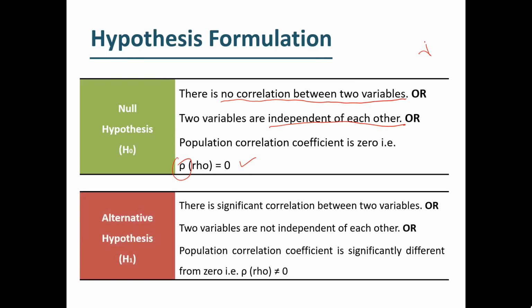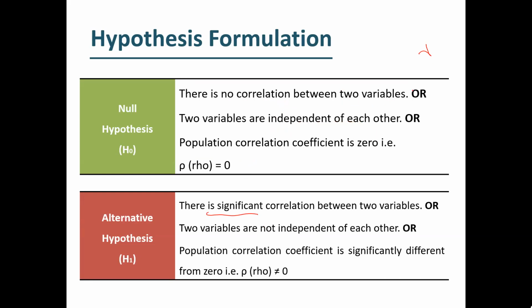Alternative hypothesis: there is a significant correlation between two variables, or two variables are not independent of each other. Sorry, let me check it once again.